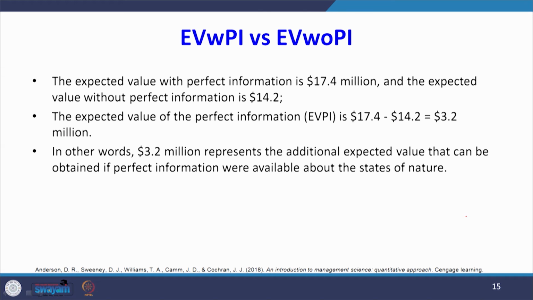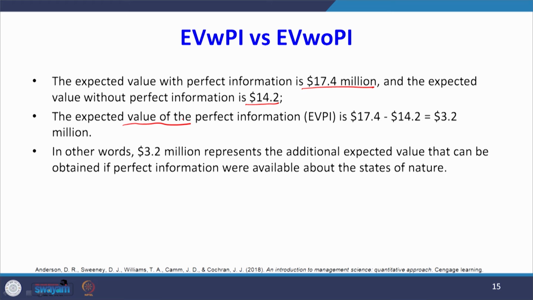Now, you should remember the expected value with perfect information versus the expected value without perfect information. Just now you have seen the expected value with perfect information is 17.4 million and the expected value without perfect information is 14.2 million. The expected value of perfect information, EVPI, is the difference of these two.